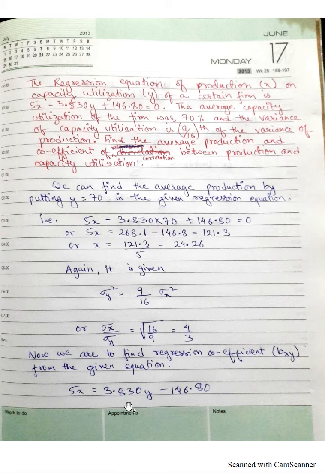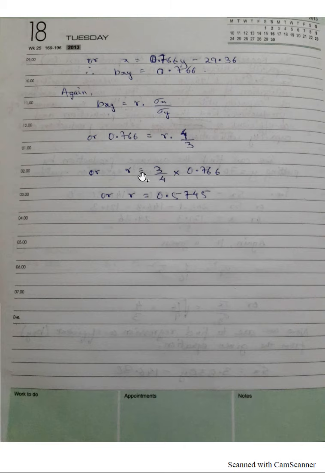Now we divide it by 5 because we don't need any coefficient of x here, to bring it to the standard form. So we divide this entire thing by 5, and we will have x is equal to 0.766y minus 29.36.